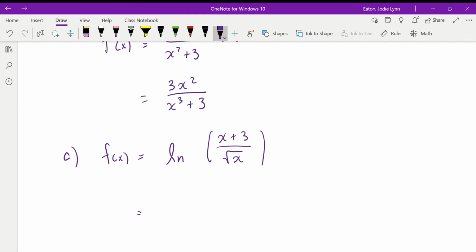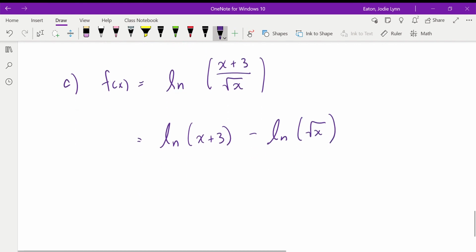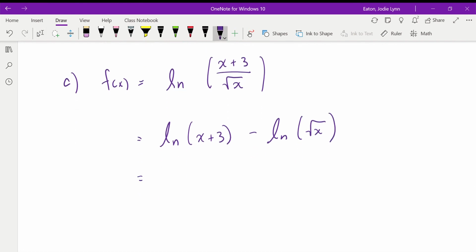So f of x is equal to ln, we're dividing, so this is ln of x plus 3 minus ln of radical x. And we don't even have to do the chain rule there because radical is an exponent.